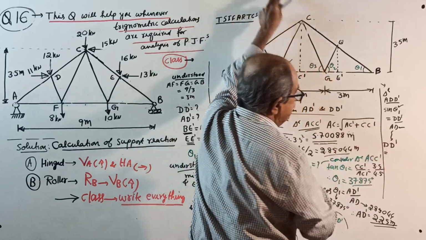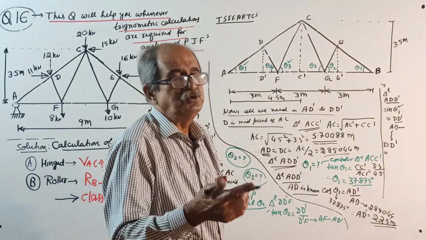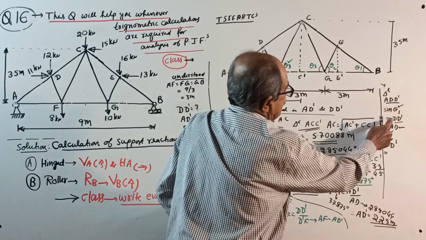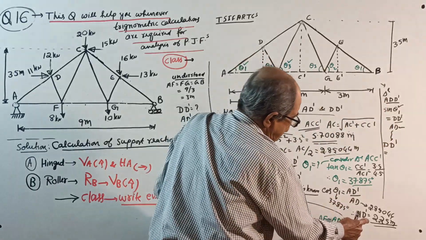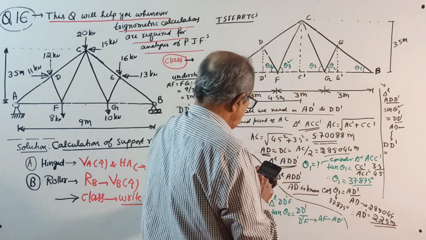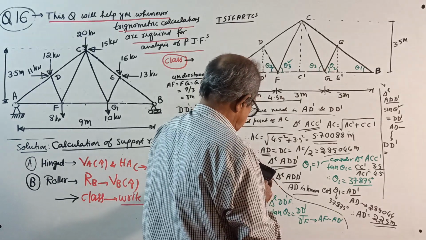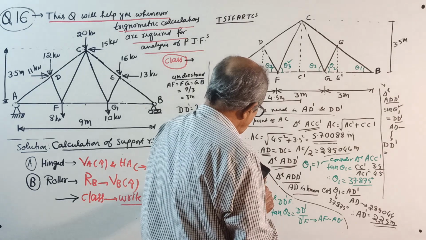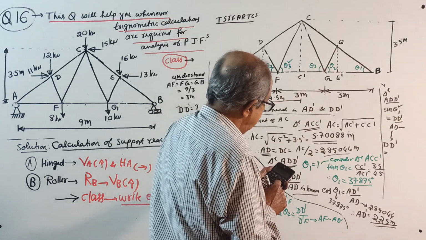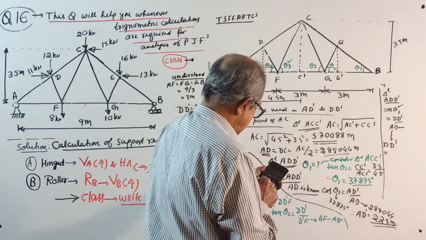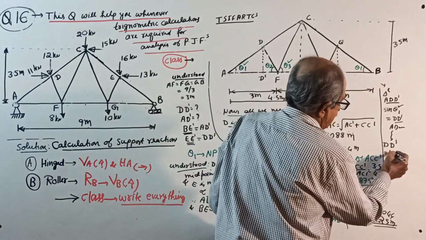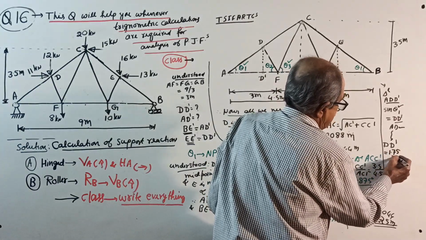Space problem, I am using the space. You should see, that much you should do it. I told you, theta 1 is 37.875, and AD is 2.85044. So 2.85044 into sine of 37.875 equals 1.75 meter.